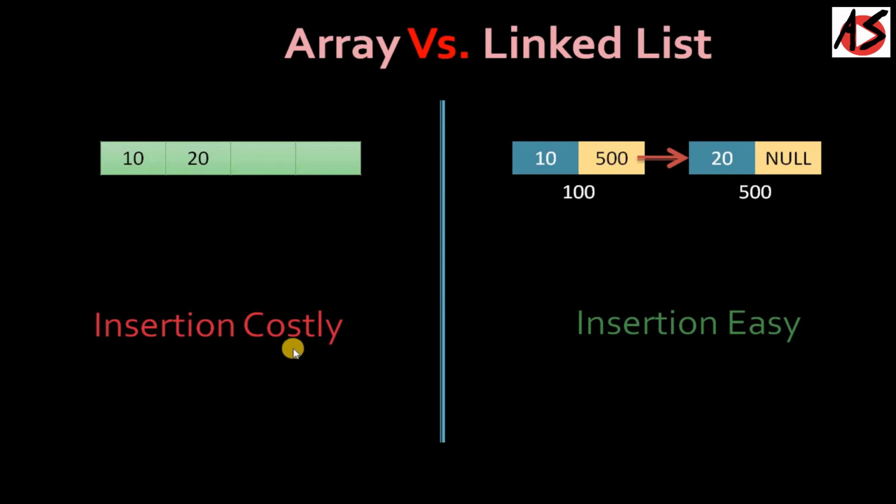So suppose in array, if you want to insert the new element like 15 onto the second place, you have to change the location of 20 onto the third location, and then only you can insert the 15 onto the second location. You need to do the shift operation, and this is costly. Sometimes you require to shift many elements for the insertion.